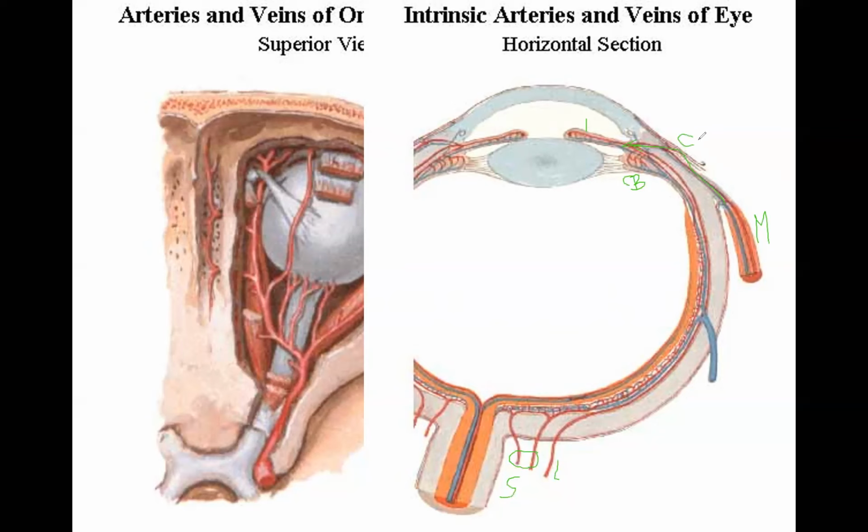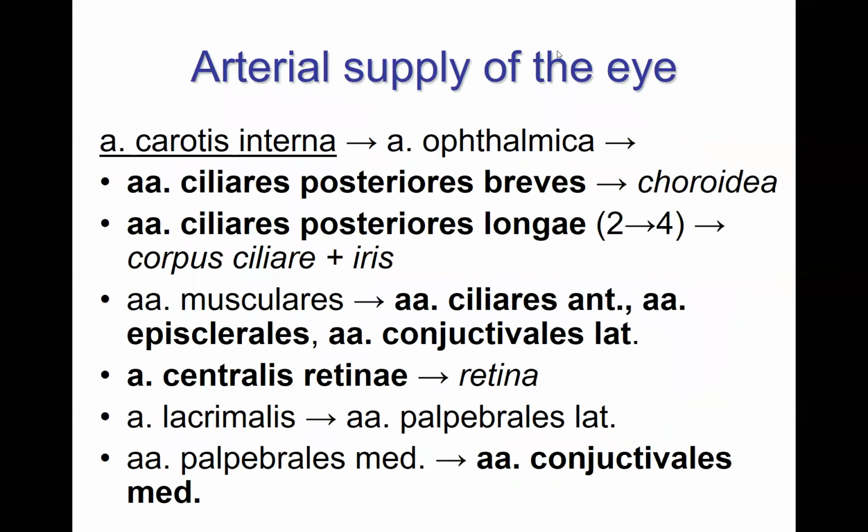These are called anterior ciliary arteries, and these two are posterior ciliary, short and long. They of course give branches to the episcleral area, so we have some episcleral ones, and then to the conjunctiva, some conjunctival branches. So for the blood supply: anterior ciliary branches, episcleral and conjunctival branches come from the muscular ones.